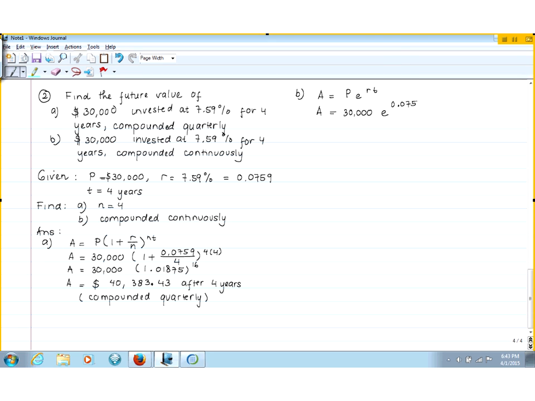And then e is the natural number e raised to the R, 0.0759, times T. T is 4 years. So when you calculate, this is $40,495.76. So let's use the units here: $40,495.76 after 4 years, compounded continuously.